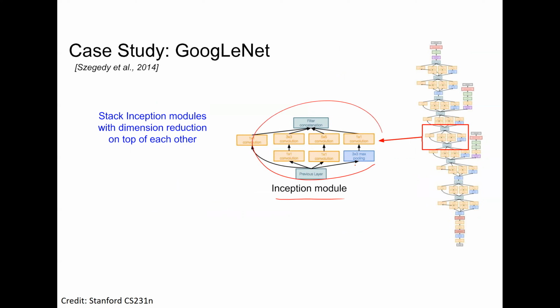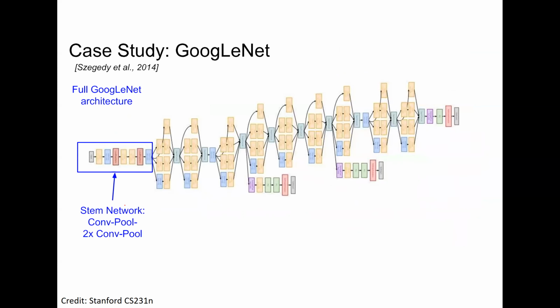And using this inception module, they just stacked them. However, the stem network, the first part of the network, looks similar to that of VGGNet or AlexNet. After processing the input image to some extent, it goes through a stack of inception modules.